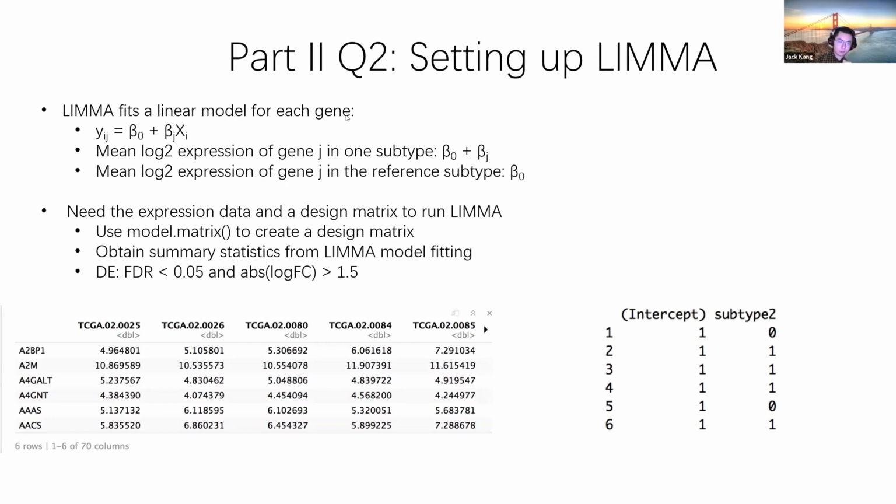And then you just use limma as in question 2 to get differentially methylated genes, with the same cutoff. Then the question asks you how many genes are both differentially methylated and differentially expressed, and you just use the function intersect to get the result.